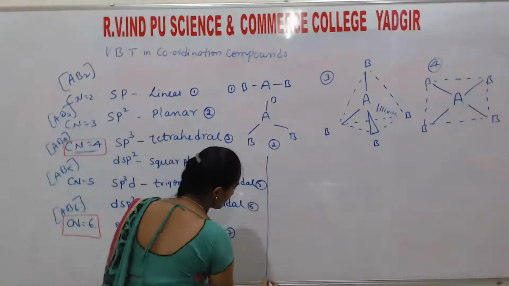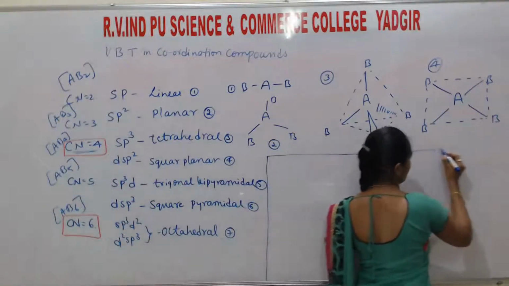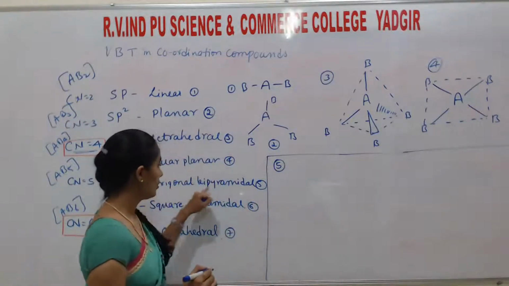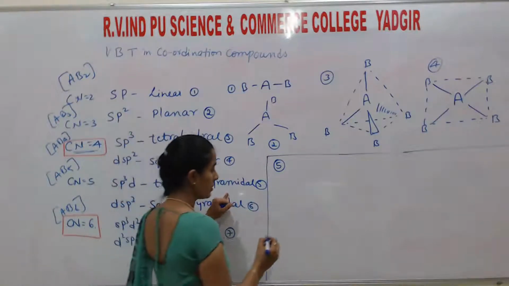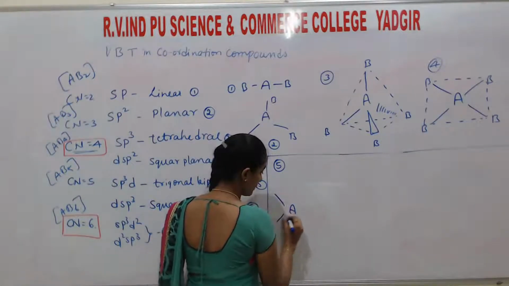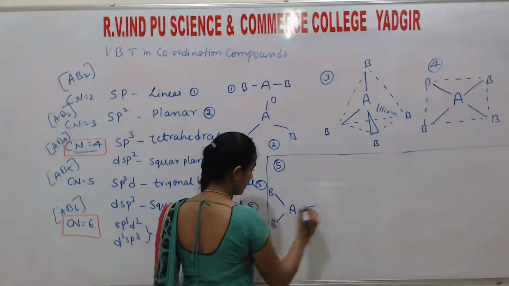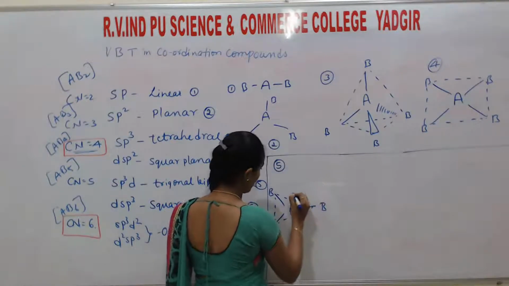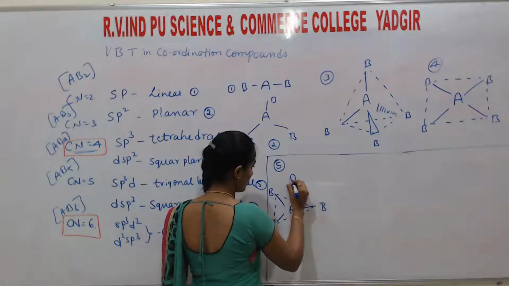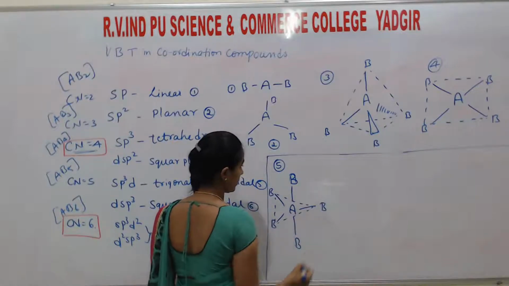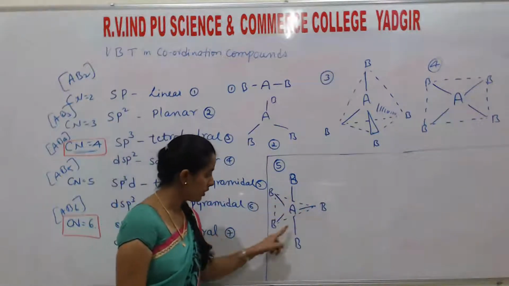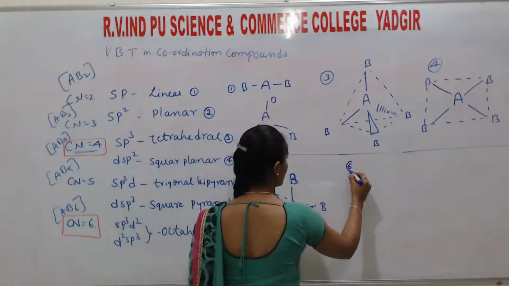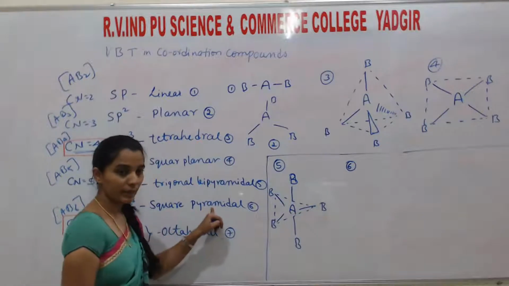Next, structure 5 is trigonal bipyramidal. This is A with B, B, B around it. This is structure 5, trigonal bipyramidal. Next, structure 6 is square pyramidal.